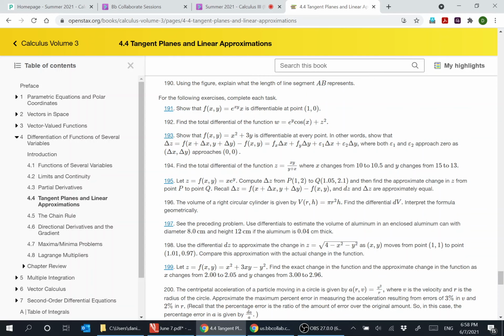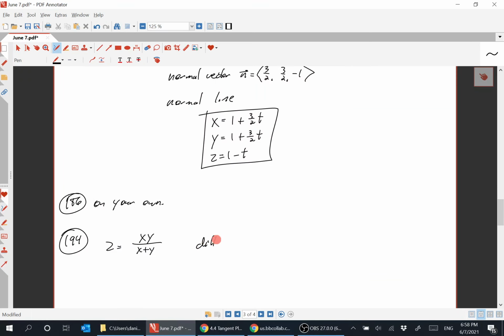Okay, so the differential function is that the change in z, dz, is approximately partial z partial x times delta x plus partial z partial y times delta y.